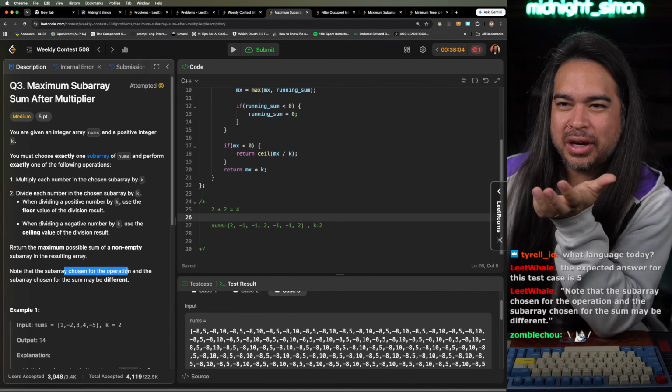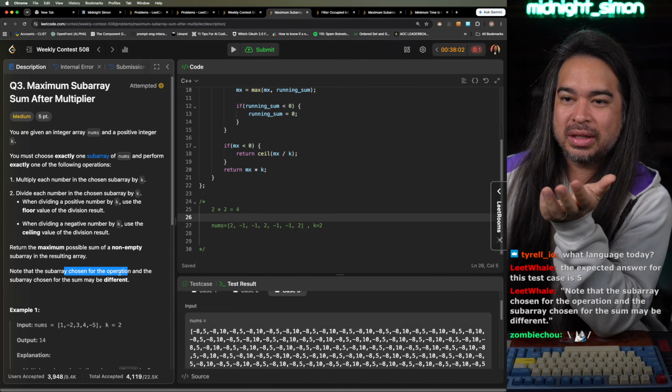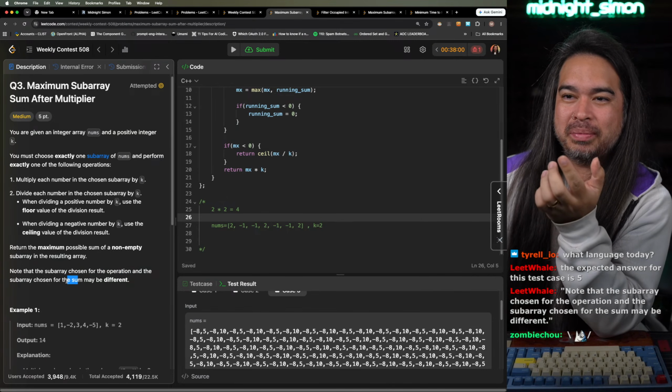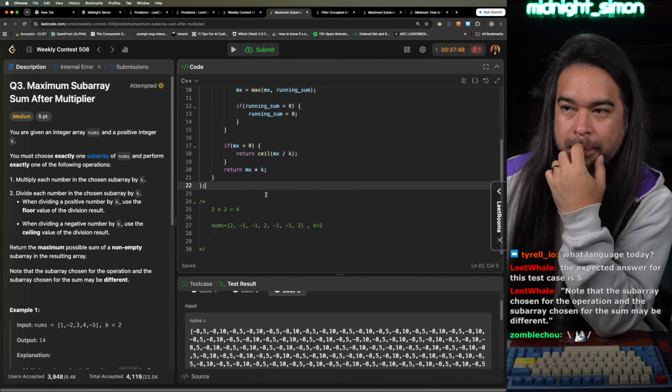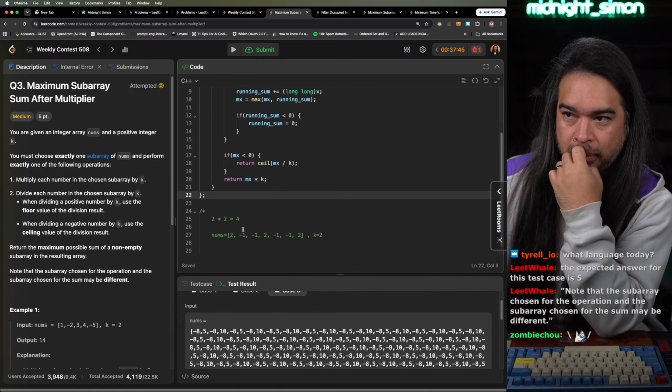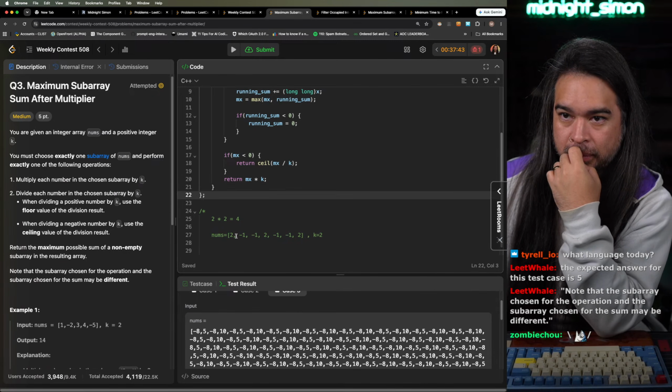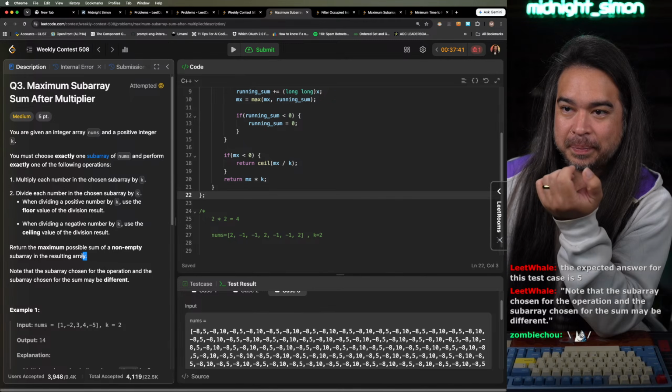Subarray chosen for the operation and the sum may be different. What? Oh, I see.